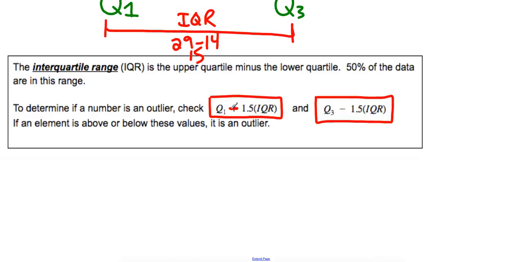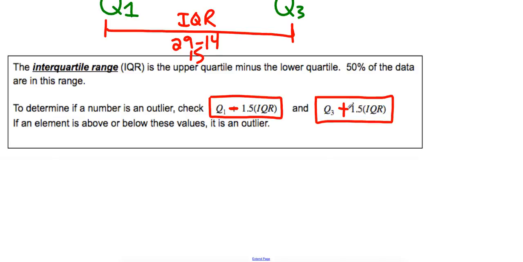That should be a minus. That should be a plus. Please change that. Quartile 1 minus 1.5 times the interquartile range, and quartile 3 plus 1.5 times the interquartile range. You're going to do these two little formulas and get two numbers. If you have a value that's outside of those, you have an outlier.